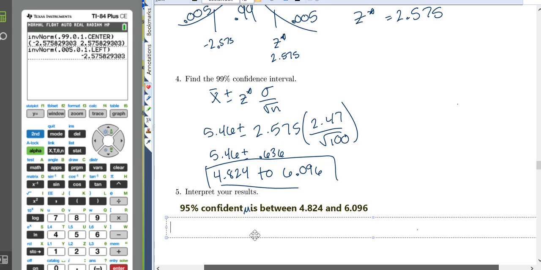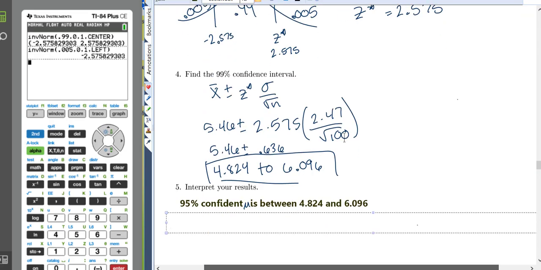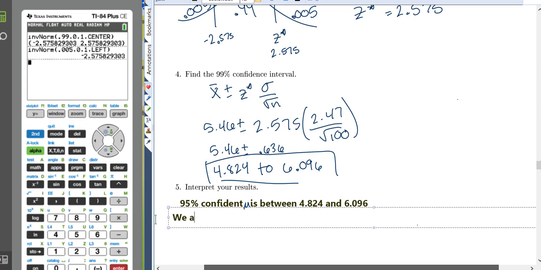Now let's actually interpret this. Remember, we're talking about waiting times at the bank, and we want to know what the mean waiting time was for all the customers. If we're trying to make it nice and simple for our boss, we say something like, we are 95% confident that the average waiting time for all customers is between 4.824 and 6.096 minutes.